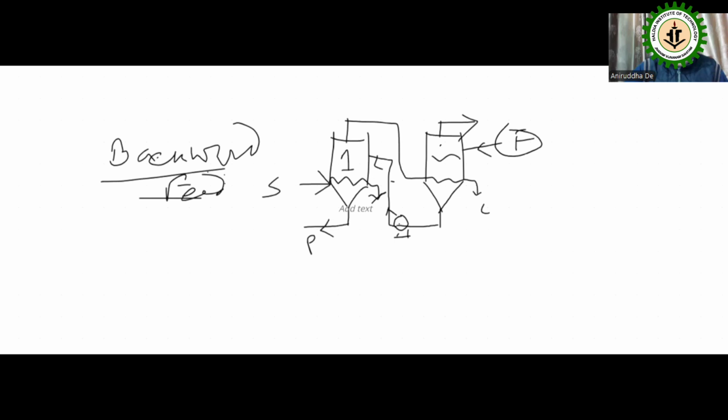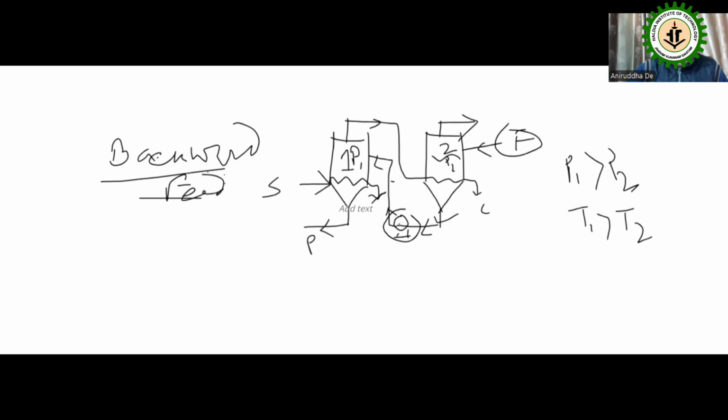Here P1 is greater than P2, and T1 is greater than T2. So the product we get from the low temperature effect comes at low pressure because P2 is less, and we are feeding it into the high pressure calandria, so a pump must be used.